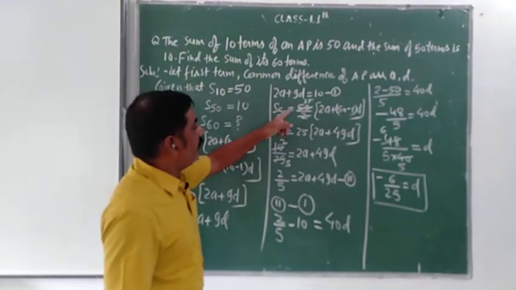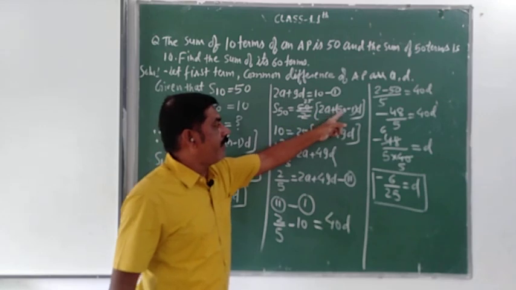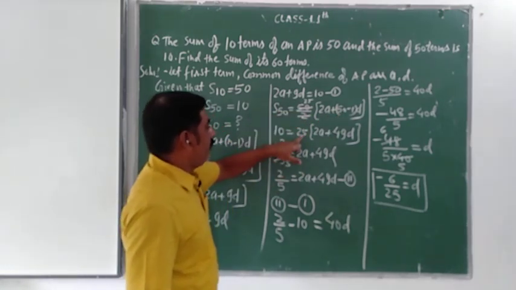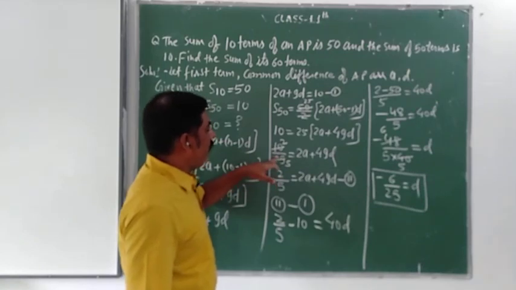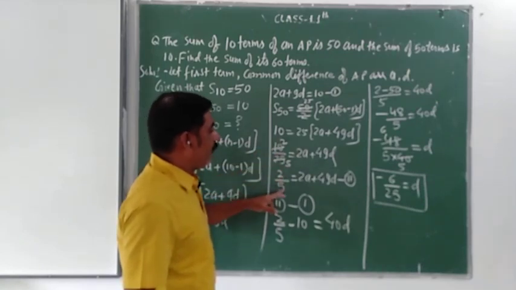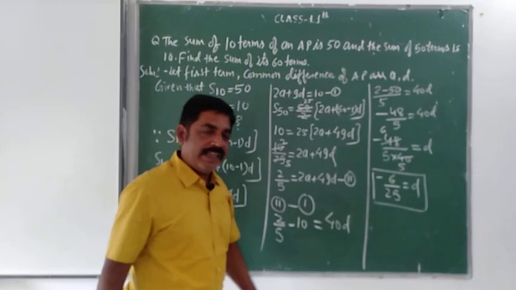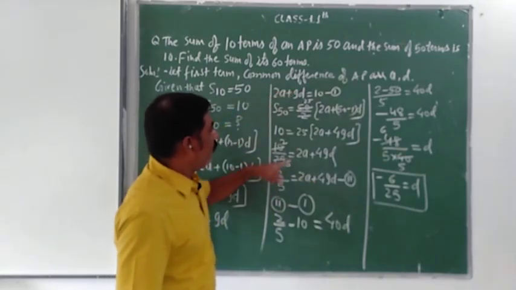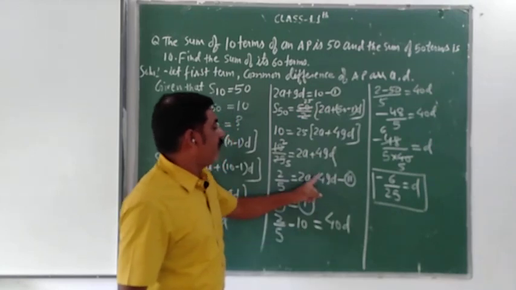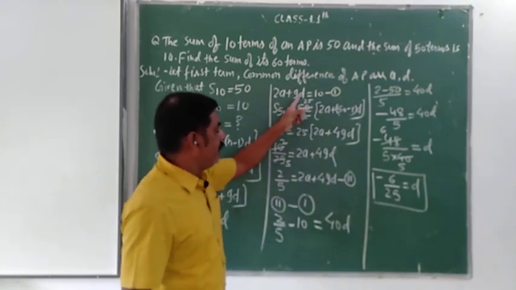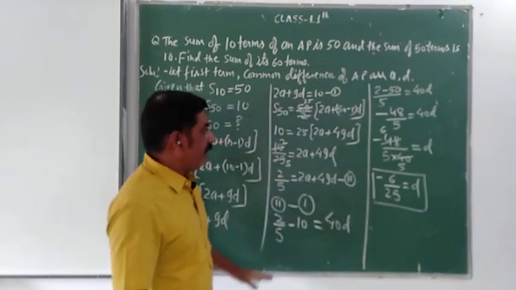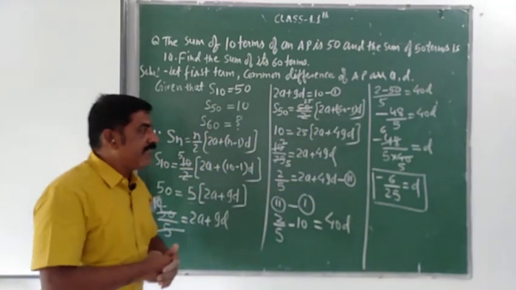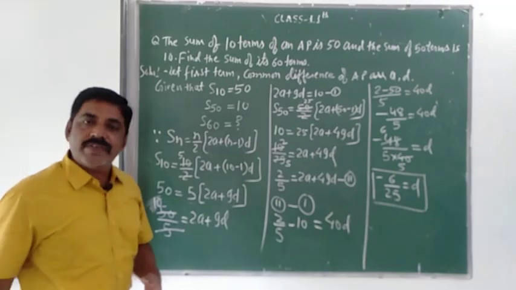Now S50 is equal to 50 by 2, 2a plus (50 minus 1) into d. Cancel by 25, we get 2 by 5 equal to 2a plus 49d. Now subtract 2nd minus 1st: 2 upon 5 minus 10, 2a cancel, 49d minus 9d, 40d. With the help of this, we found d as minus 6 upon 25.